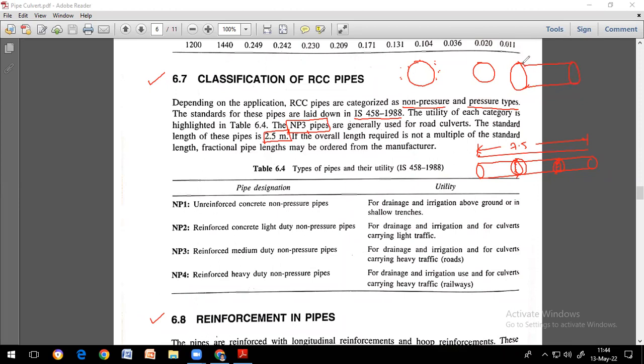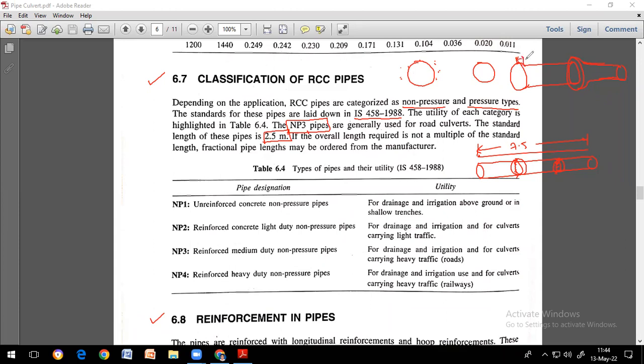So why is your pipe converged, and why do we have a big mouth? Because if you want to join with another pipe, this smaller dia can easily fit into the bigger dia. Yes or no? That is the reason why the mouth of the pipe will be larger in dia up to some extent.